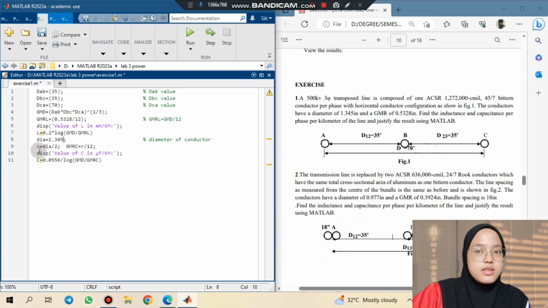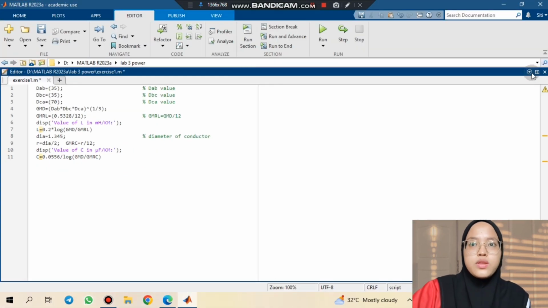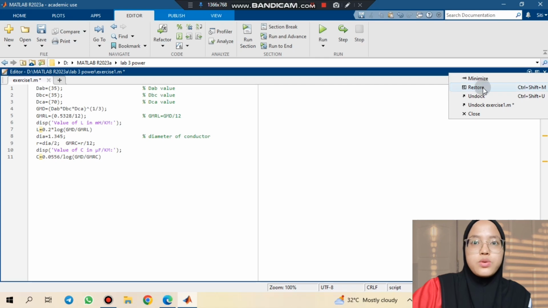And then the next thing we're going to display from the execution of this coding is the value of C in microfarad per kilometer. So C is equal to 0.0556 over log GMD divided by GMRC. So we have finished with the writing of the coding.